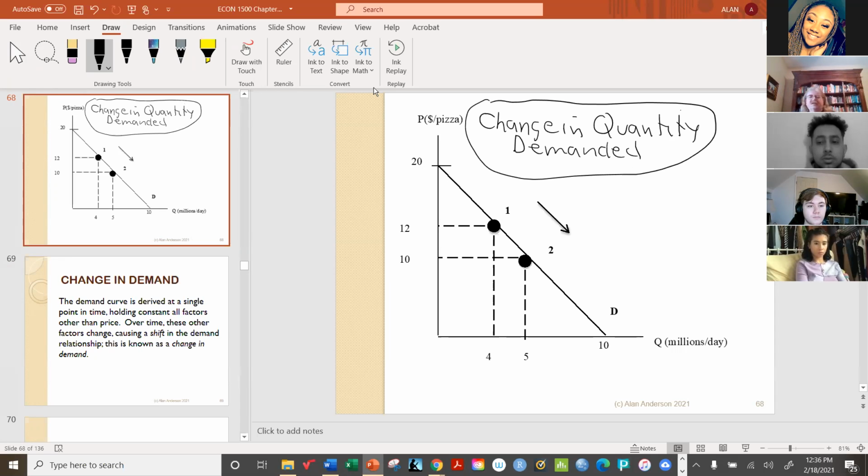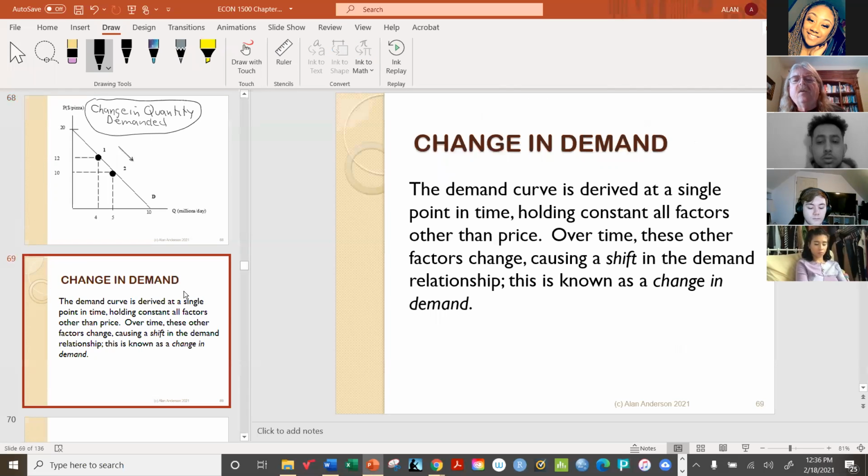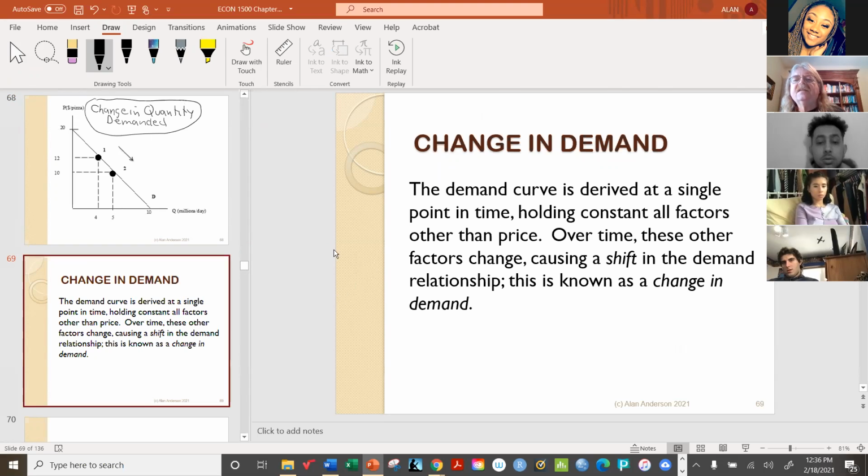Now, what happens if something else changes, something other than price? In other words, something that's being held constant along this curve. And now we know several factors that can change, and they will in fact affect the entire relationship between the price of the good and the quantity demanded.